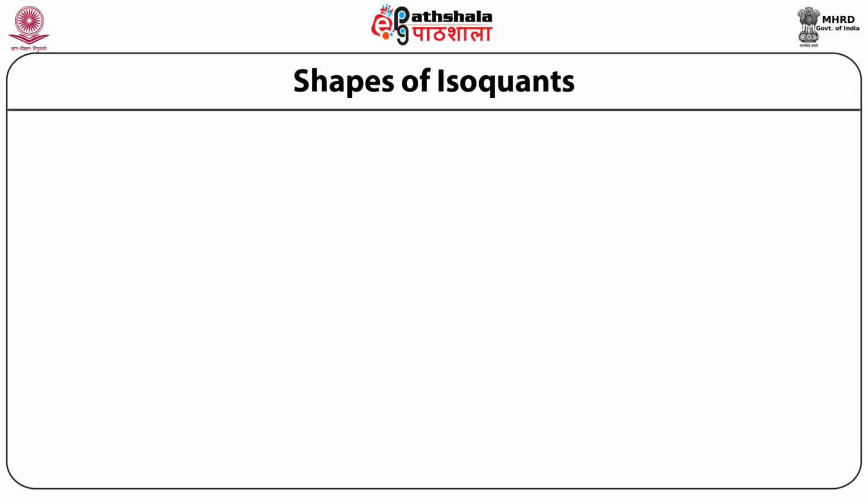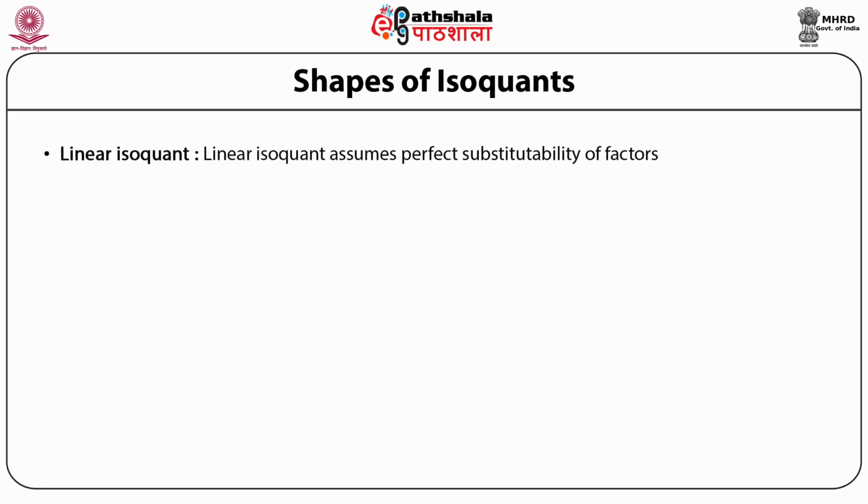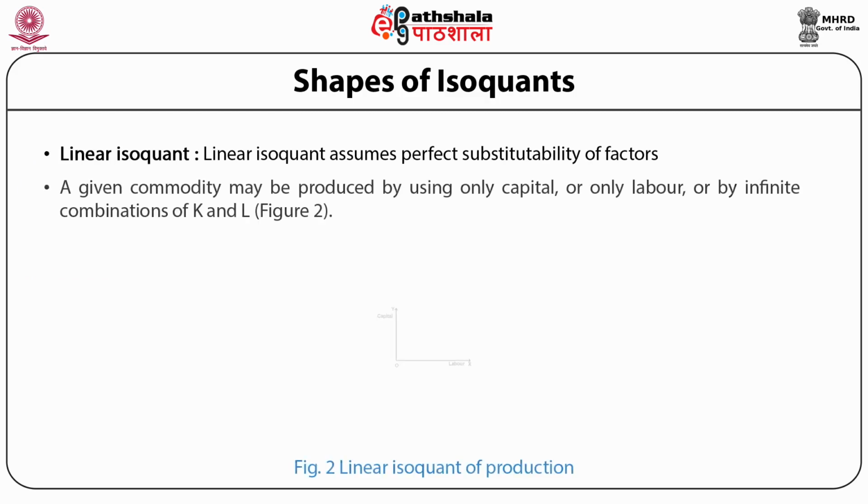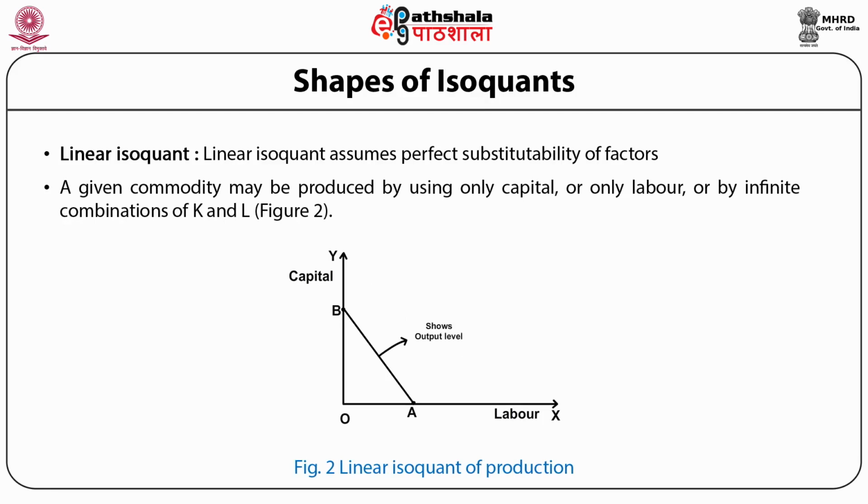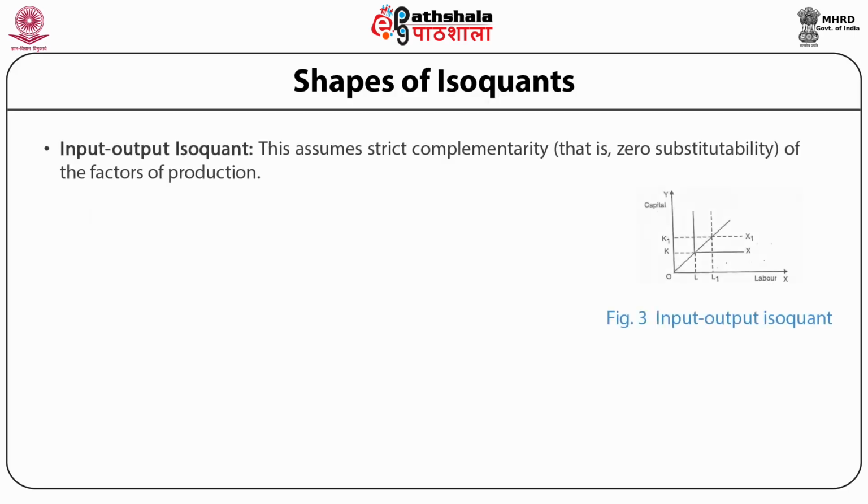Shapes of isoquants. Linear isoquants assume perfect substitutability of factors of production. A given commodity may be produced by using only capital or only labor or by infinite combinations of K and L, as shown in figure 2. Input-output isoquant.